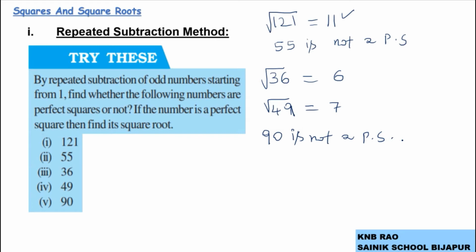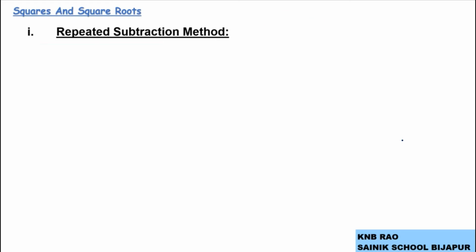Now coming to the repeated subtraction method, we land up in difficulty when we want to find square root of a big number such as 729. It is difficult to find square root of it by using repeated subtraction method because it consumes more time. We can find the square root of it, but it is time consuming.